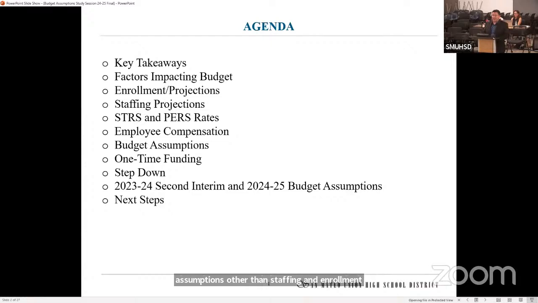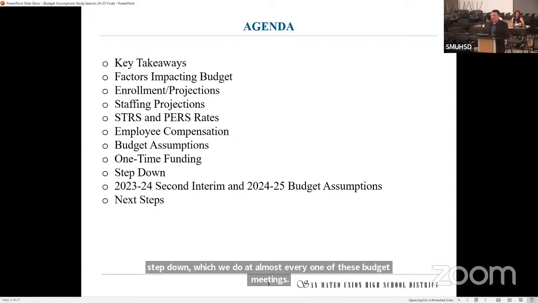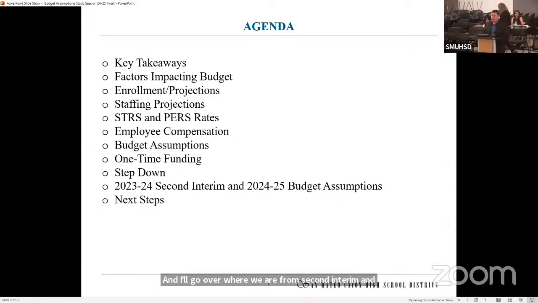We'll also go through our one-time funding and step down, which we do at almost every one of these budget meetings. And then I'll go over where we are from second interim and into an initial look at our 24-25 budget. And we always end with what are the next steps? When are you going to see us next?